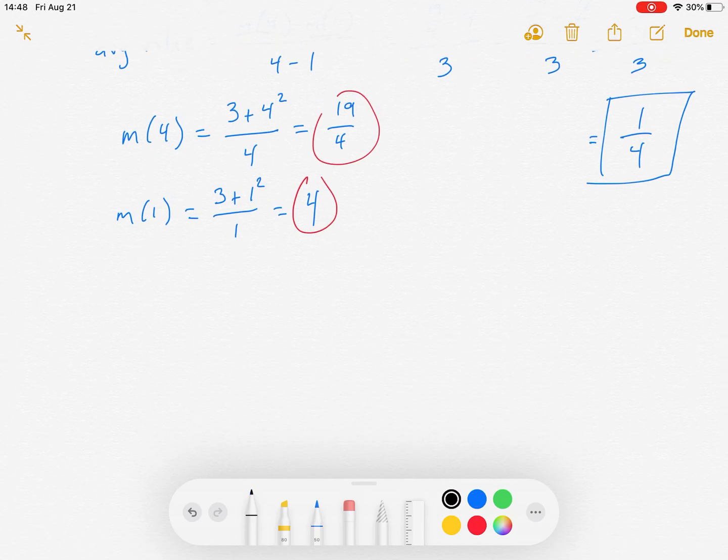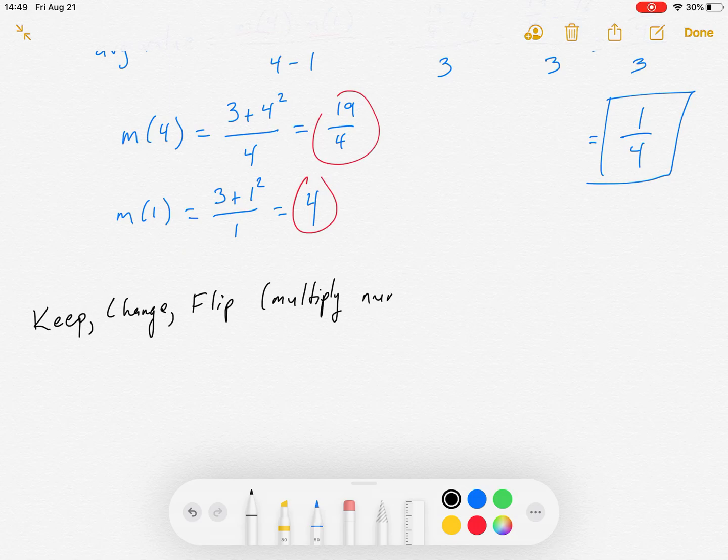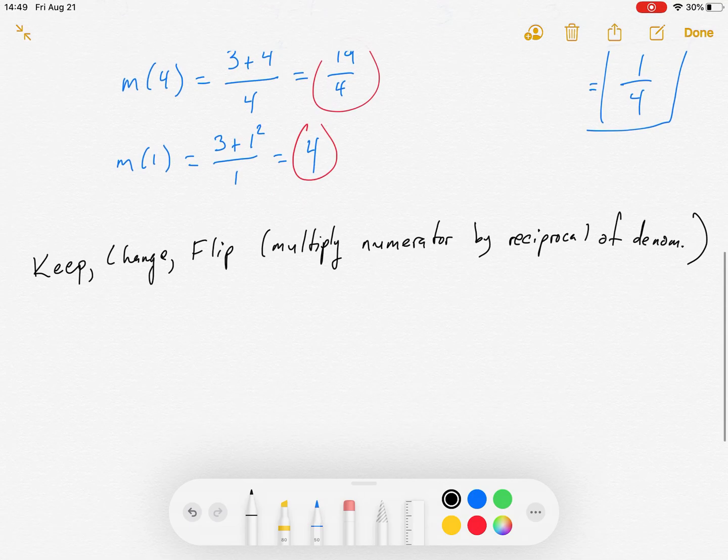Real quick though, if you wanted a refresher on keep change flip, aka multiply the numerator by the reciprocal of the denominator. That would be 3 over 4 divided by 3.